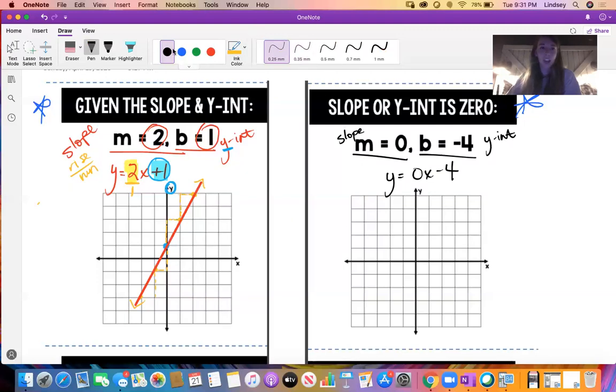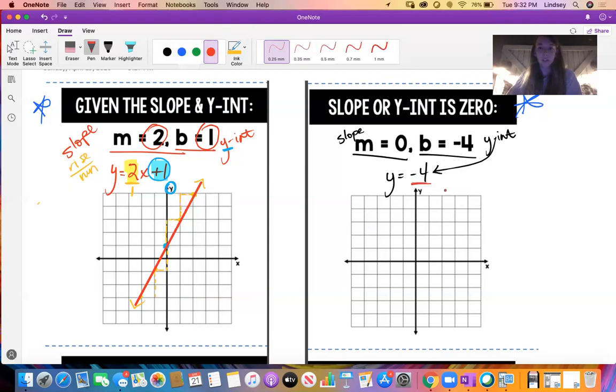But you don't even have to put the 0x in there. If it's just 0x, that means there's no x's, so you don't even have to put that there. So your equation is just y equals -4. We know that the number by itself is our y-intercept.